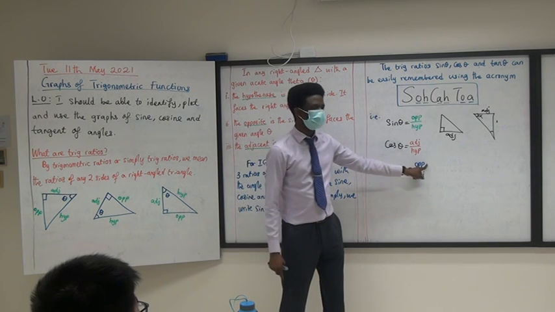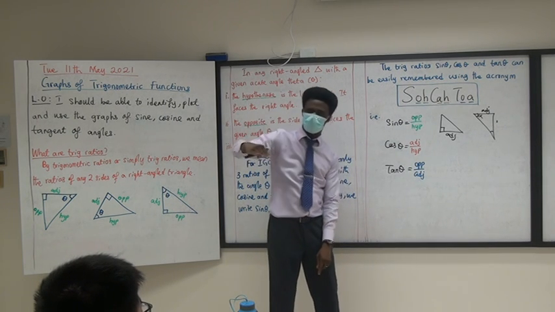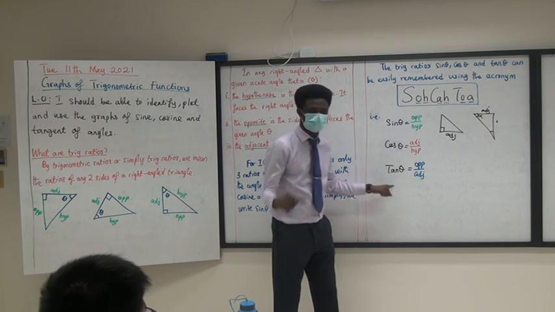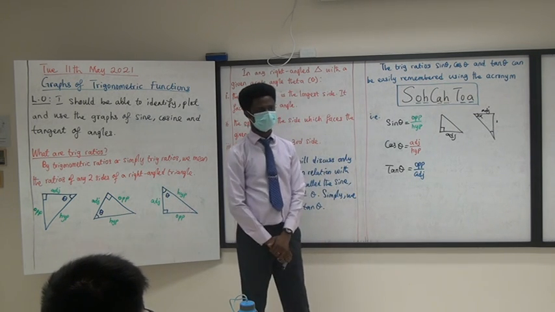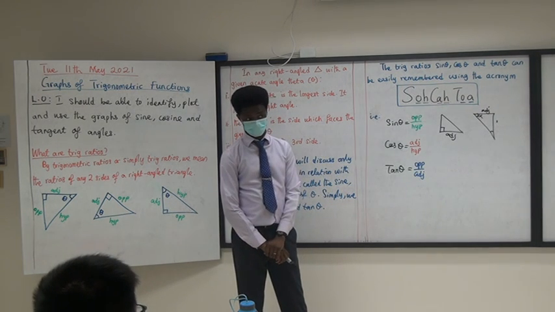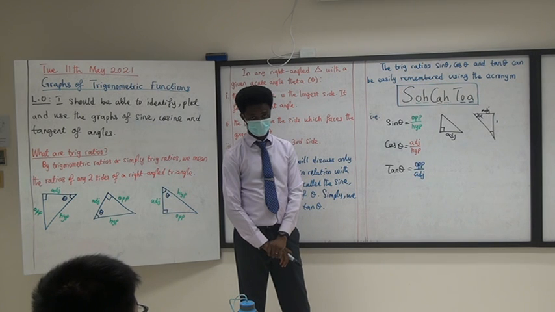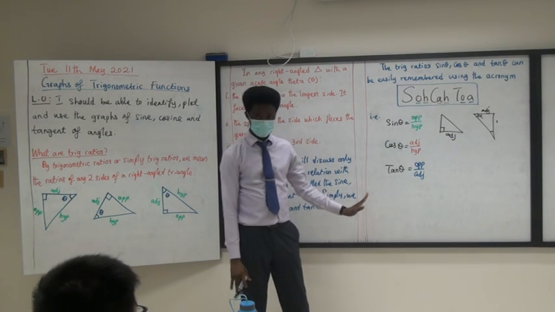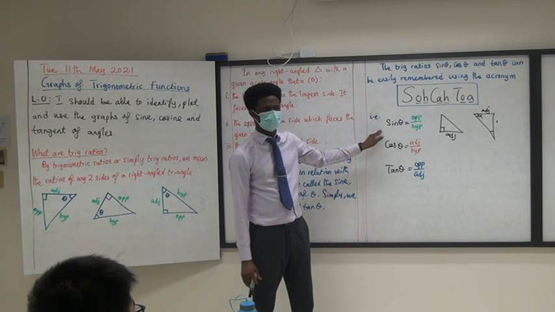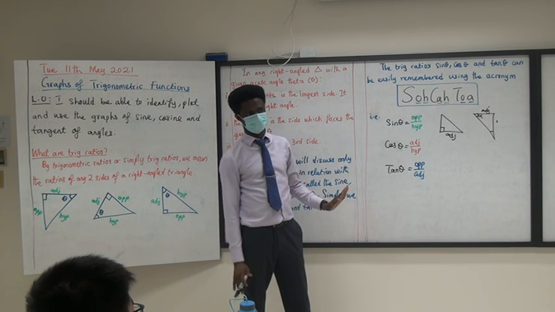When you do opposite divided by adjacent, what you have just found is the tangent of that angle in that triangle. How to use this will make more sense to us very soon. Does this make sense for now? For now, I just want us to be familiar with this terminology: sine, cos, tan.